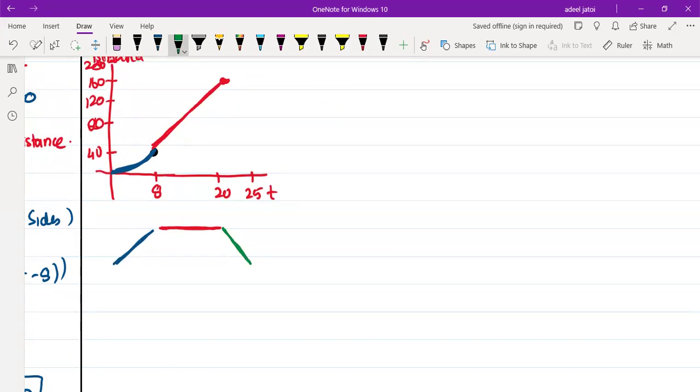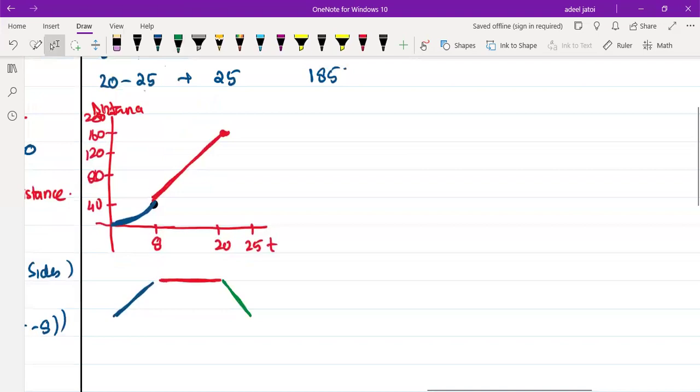Deceleration. That means you will maintain yourself to 185. So from here you will be marking like this. So decreasing motion. So at this time you will be having increasing motion. This will give you straight line because of the constant speed, and this will give you your decreasing motion.